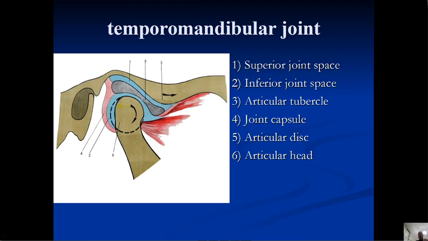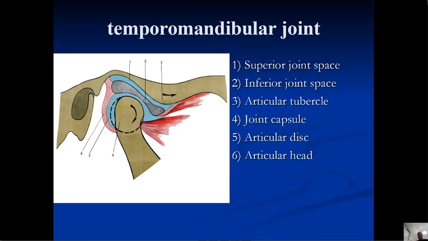Retrusive movement backward is not so big a movement when your teeth are closed. And rotation movement, when we have a chewing process. This is bilateral articulation with the cranium and exerts a restrictive influence on the movement of the mandible.